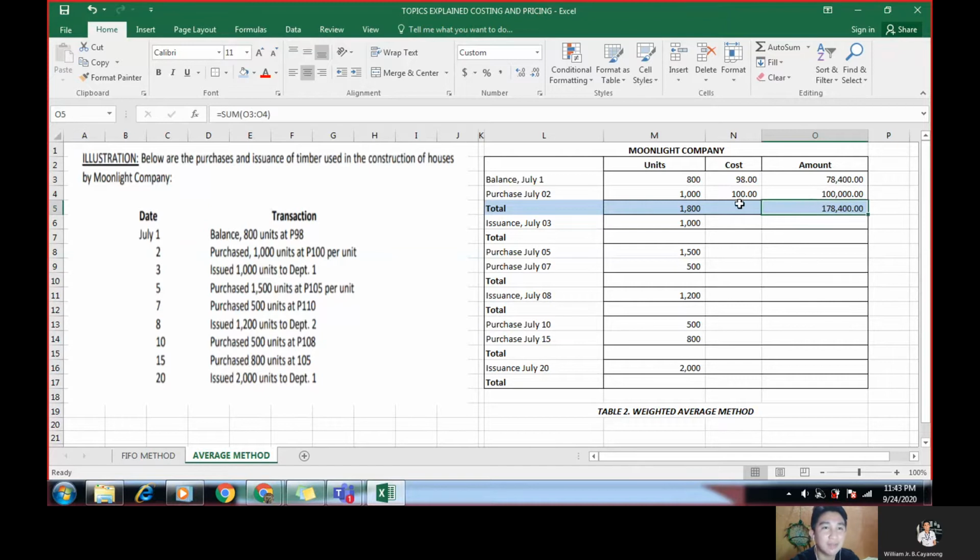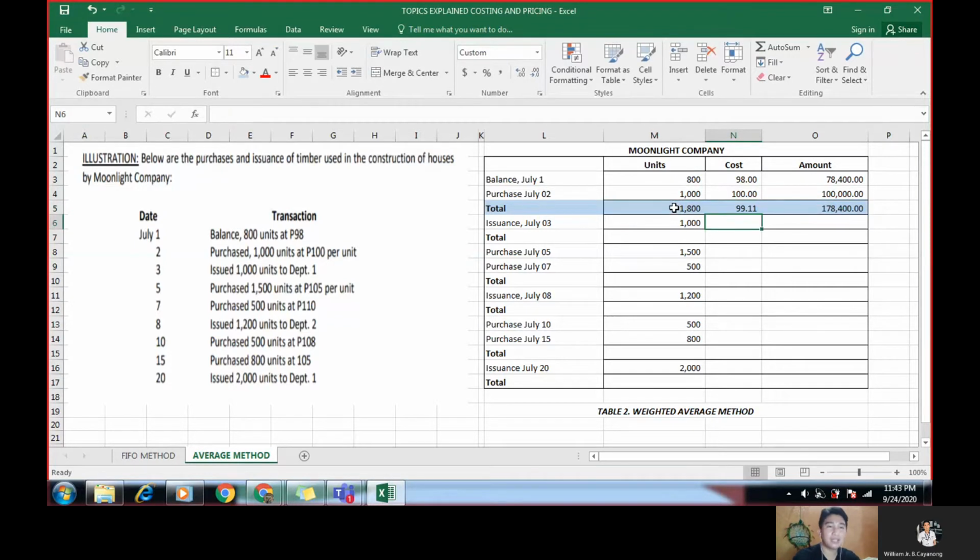Okay, now, sir, paano ba natin malalaman kung magkano ang cost nito? Dahil sabi natin earlier, magbabago ang presyo kapag may bagong purchases. Now, this is how we are going to do this one. To get the cost, okay, you just simply divide the amount by the total number of units. So, just simply encode equal sign, then the amount divided by the total units available.